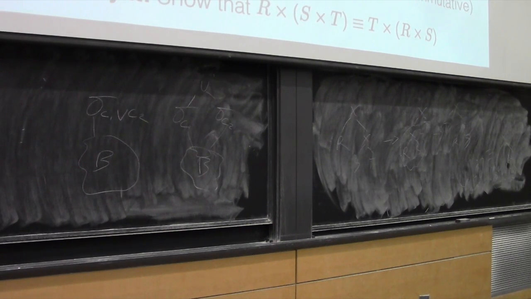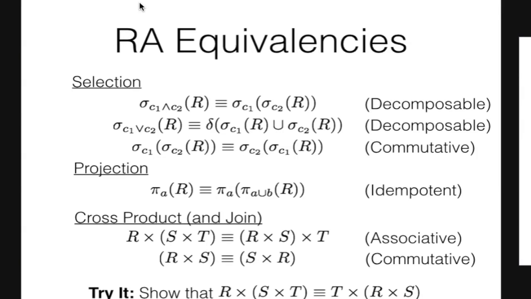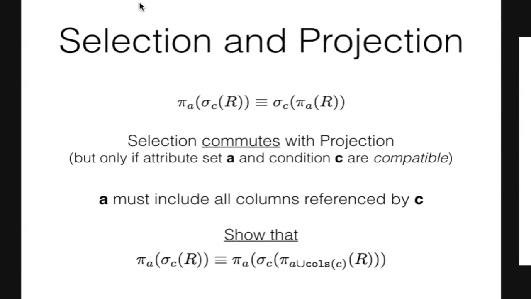Okay, so these are kind of the basic building blocks that we're working with. Now, there are also different types of interactions that we can talk about between different types of operators. So let's take a look at some of these one at a time. Selection and projection. I'm going to put a little caveat on this, but selection and projection in general commute.